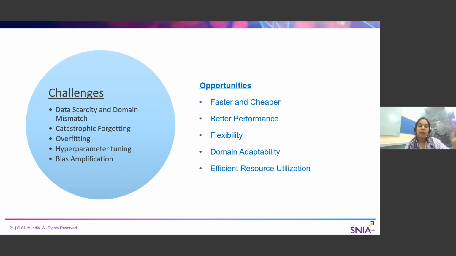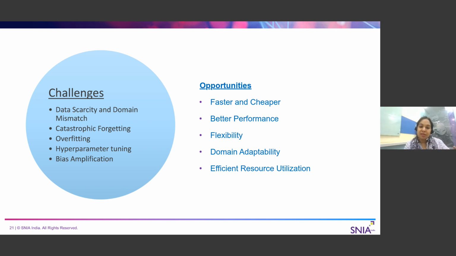Now we have talked a lot about fine tuning, how to do it, what the different techniques are, and what challenges and opportunities fine tuning has. Okay, we'll start with the challenges. The first thing is, many a time the main issue is data scarcity and domain mismatch. One particular data set cannot be used for another domain directly.